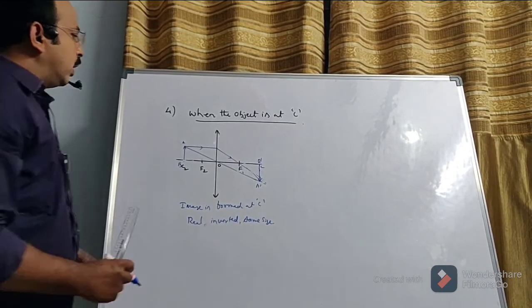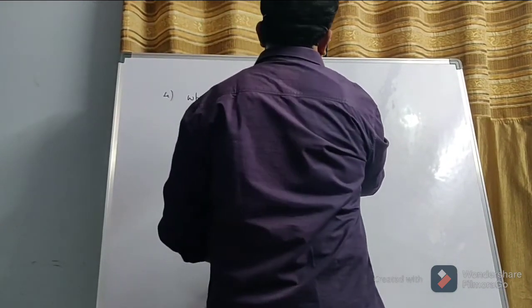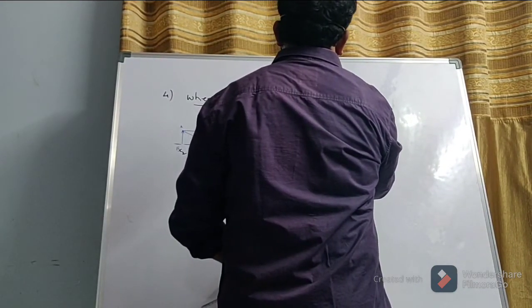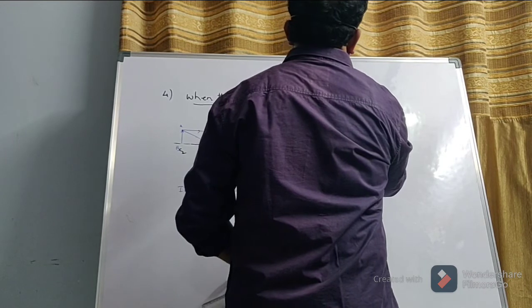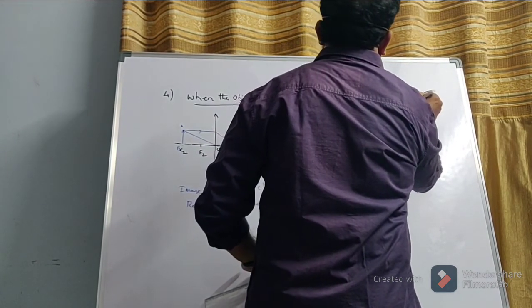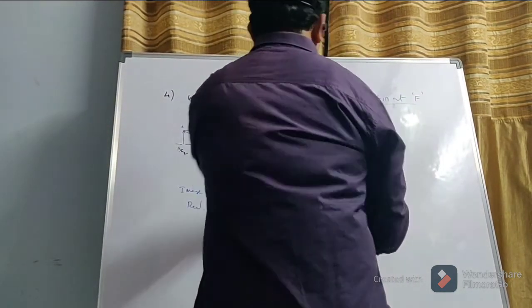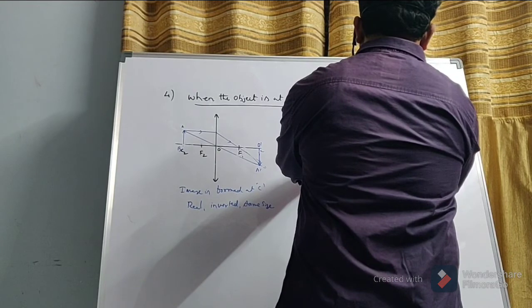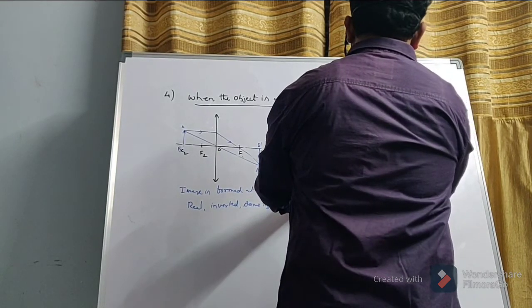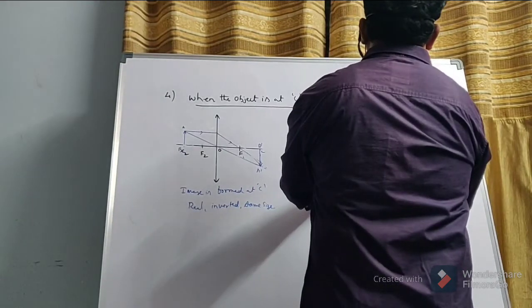Now, in the fifth case, when the object is at F. As usual, this we are calling a convex lens.